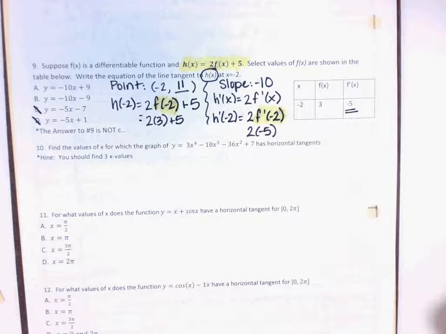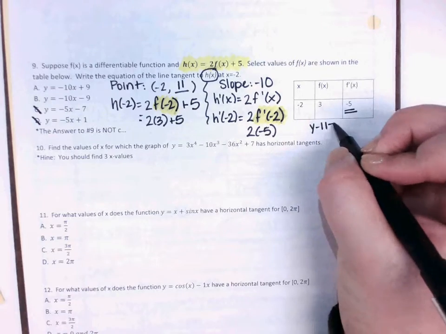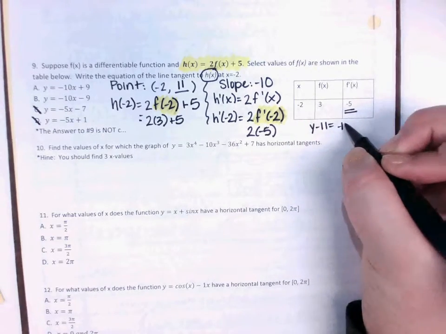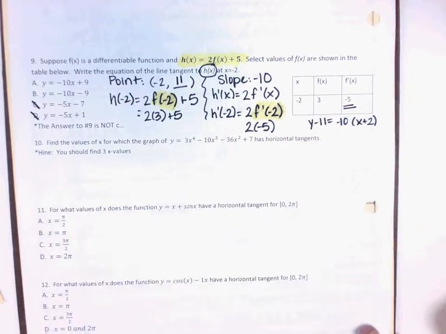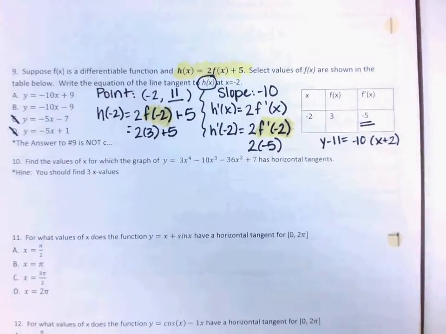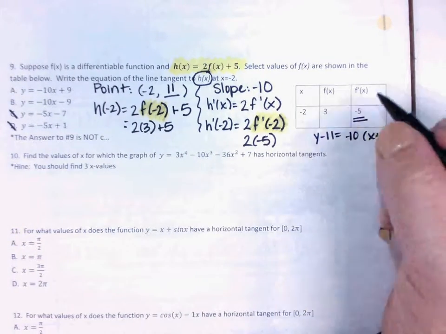How do I pick A or B? You put it in point slope, and then you solve it. So, what will my point slope version be? Y minus 11 equals -10 times x plus 2. And then remember, if it's multiple choice like that, you're just going to solve it to match which answer. So, -10 distributed in.